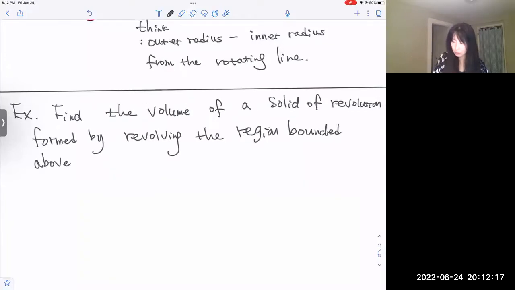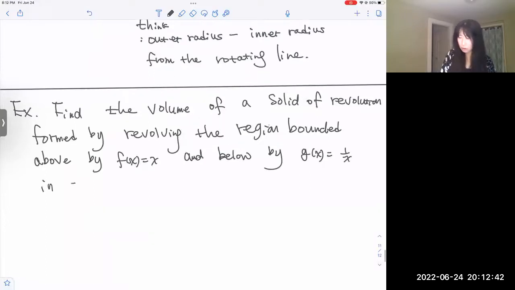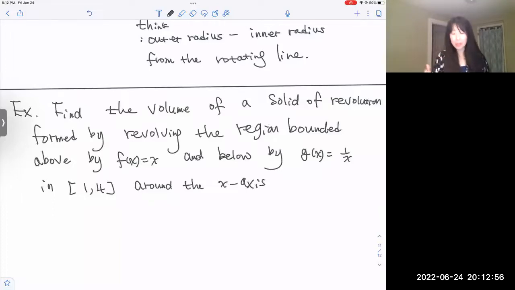Bounded above by f of x equal to x, then this is the top graph, because they say bounded above. And below by, so this is the bottom graph, g of x equal to 1 over x, in the interval one to four, around the x-axis. So around the x-axis means rotating about the x-axis, right?